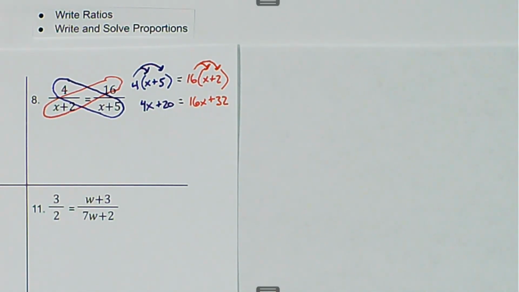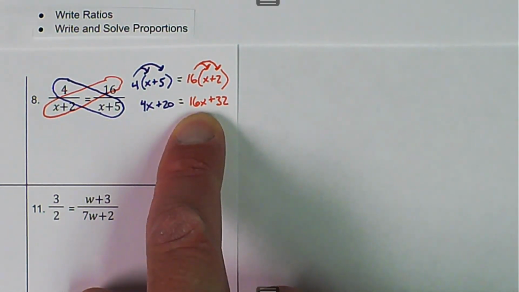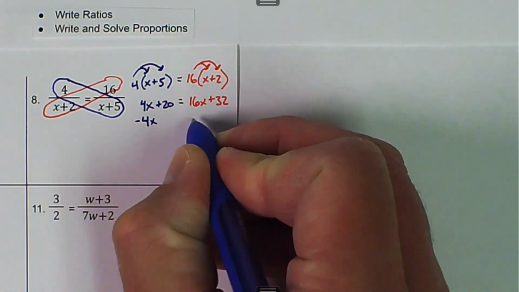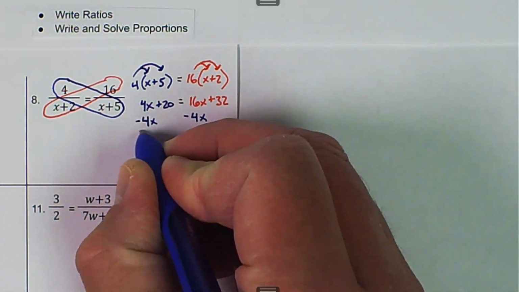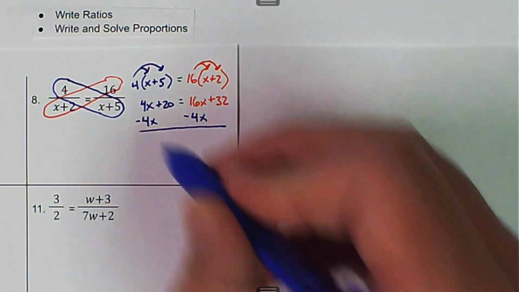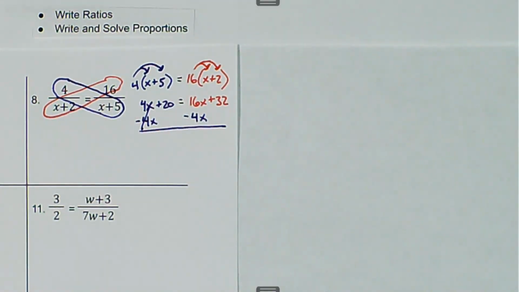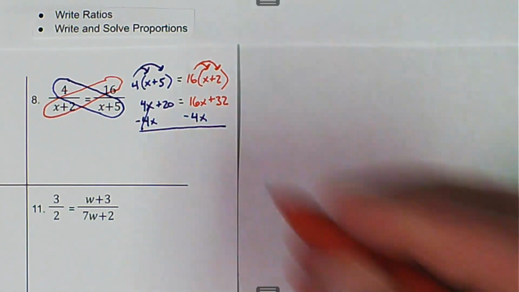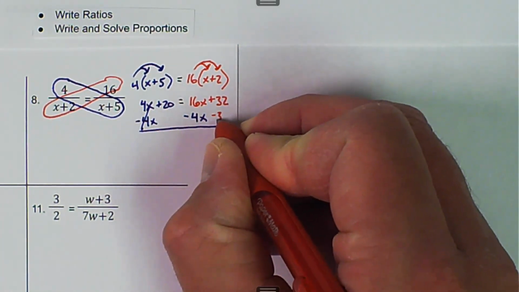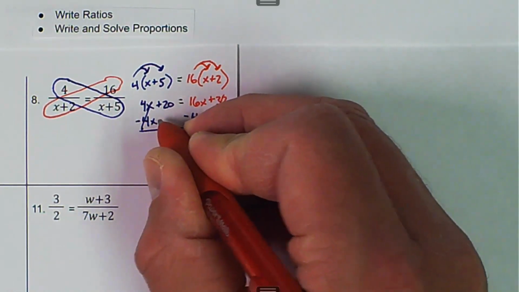Then we want to get our like terms together, and I like having my coefficients positive, so I'm going to subtract 4x. So that's going to cancel the 4x there, and I'm also going to get this 32 away from the x, so I'm going to subtract 32.